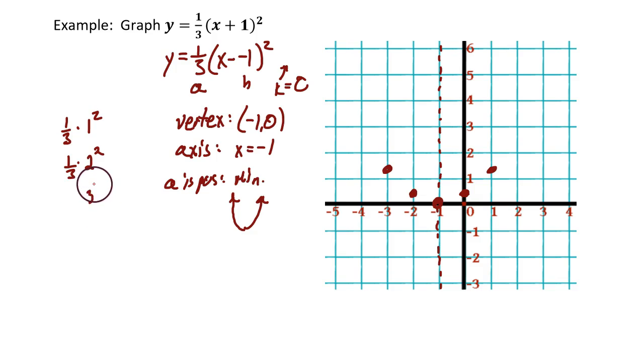Use a 3 for x, square it because this is quadratic, and times by the value of a. 3 squared is 9, and 1/3 of 9 is 3. So from the vertex, when you move to the right 3 units, you would go up 3 units. And the same to the left. Draw in the branches, and you will have the parabola.